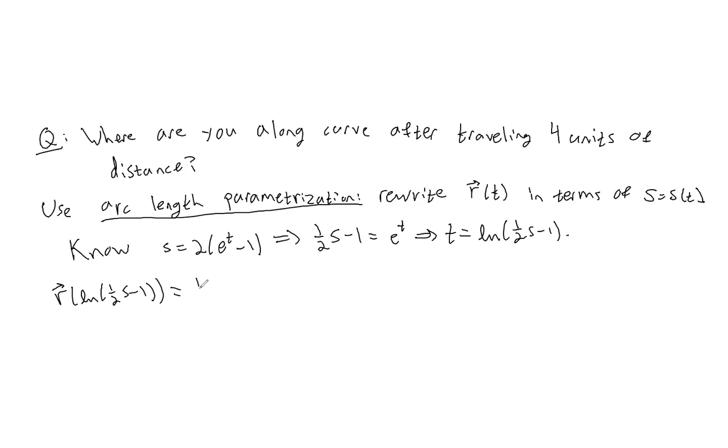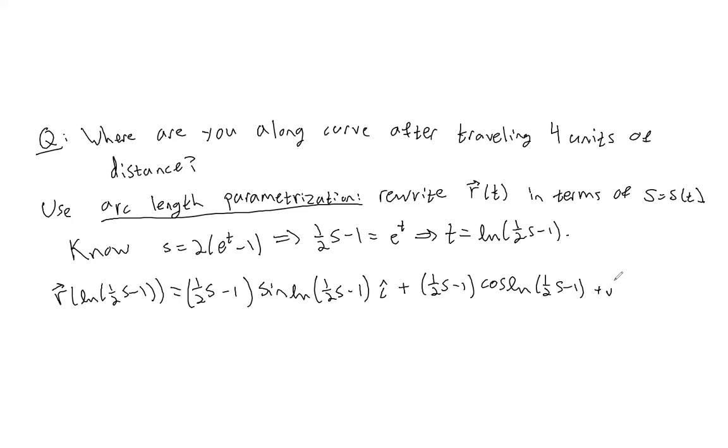That's going to come out to 1/2 s minus 1 times sine of ln 1/2 s minus 1 i plus 1/2 s minus 1 cosine ln of 1/2 s minus 1 plus root 2 times 1/2 s minus 1, because it's e to all of these things, so it's e to the ln of all that stuff.